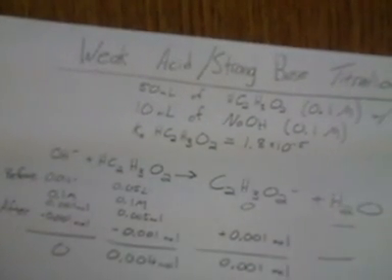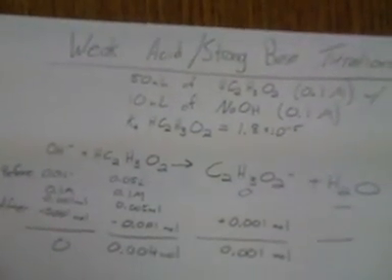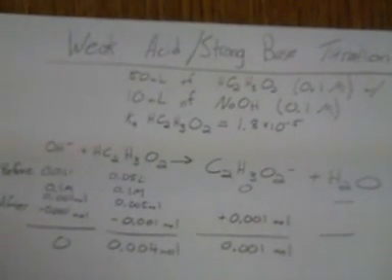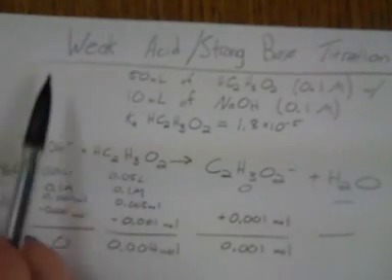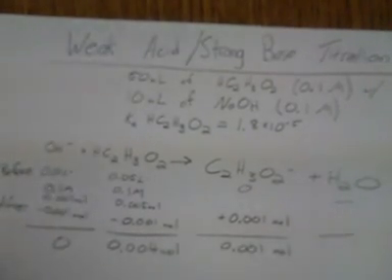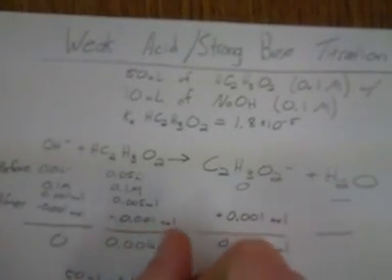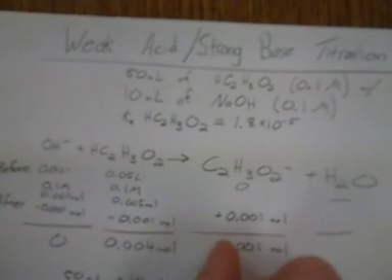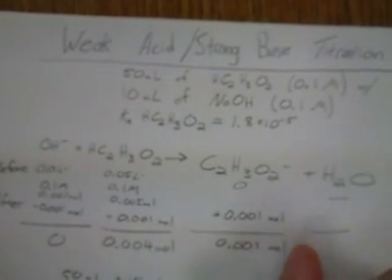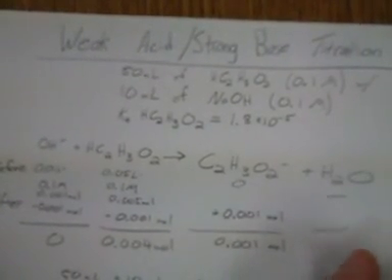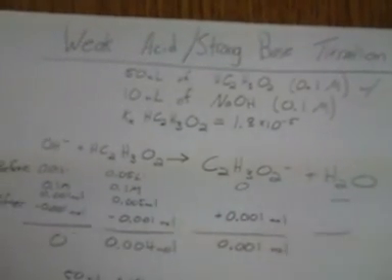Okay, so now we have moles, and then to do our ice table we need molarity. So what we're going to have to do is divide each of these by our new volume, which is more than 50 because we added NaOH. So the 50 mL plus the 10 mL of NaOH equals 60 milliliters, or 0.06 liters.